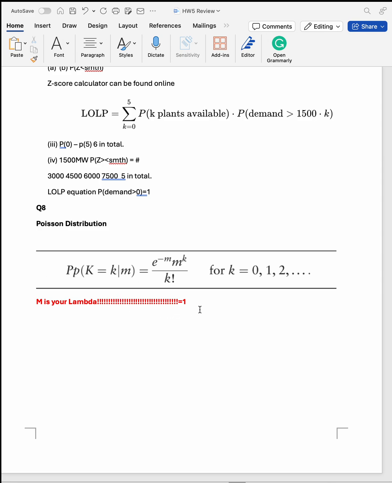Then after that, you can get all your P of k, for k equal to 0 all the way to 5.